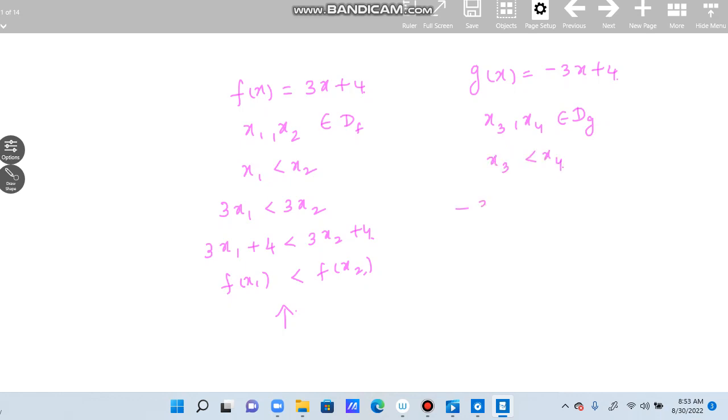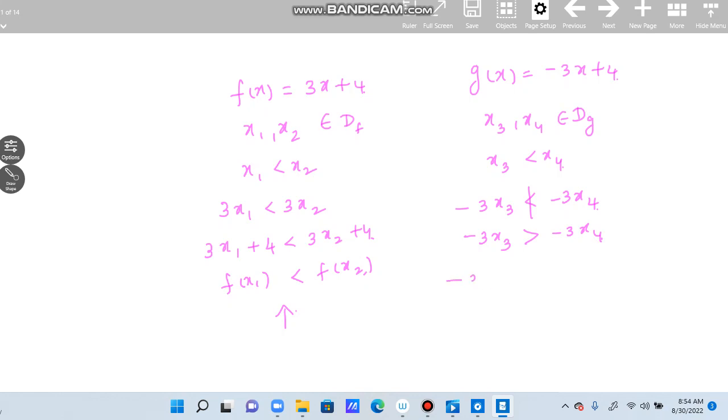What will happen if I multiply by minus 3 on either side? Minus 3x3 is less than minus 3x4? Is this correct? No. Because if we multiply by a negative quantity on either side, the inequality gets reversed. So we will not get less than; we will get minus 3x3 is greater than minus 3x4.